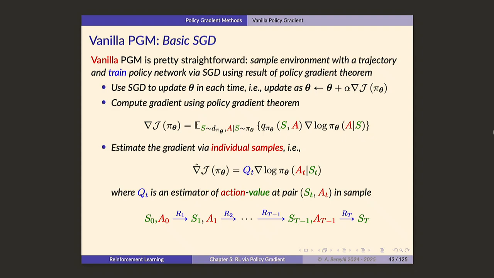This is going to be 1 over square root of 2 pi times e to the power minus (a, the action that I have, minus the mean value, which is theta x_s) squared, divided by 2. That is my policy network. Correct? Everybody's cool?